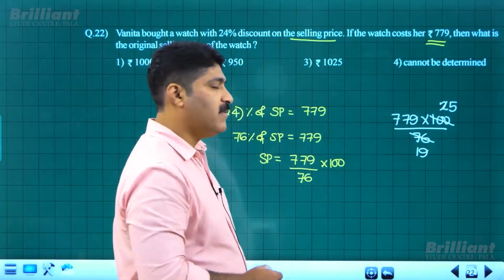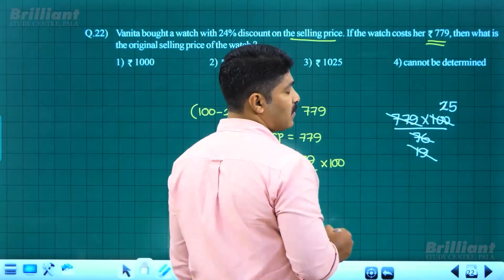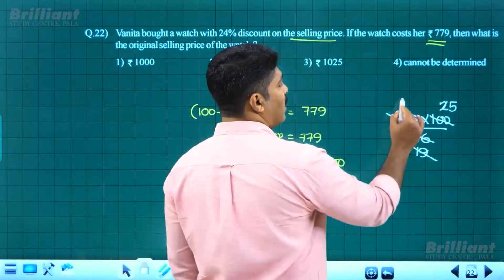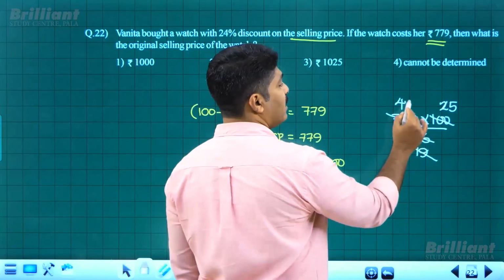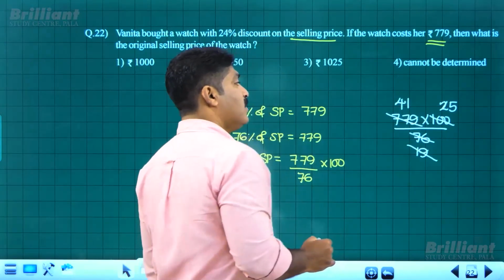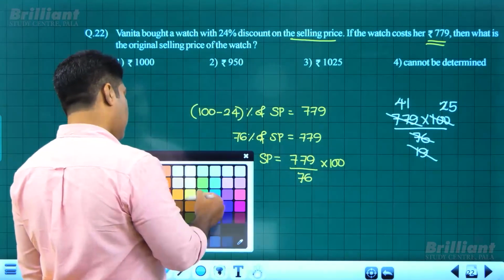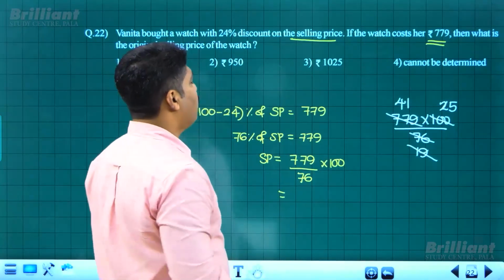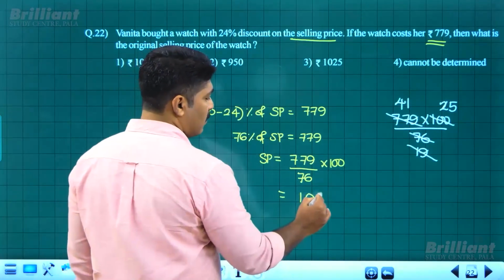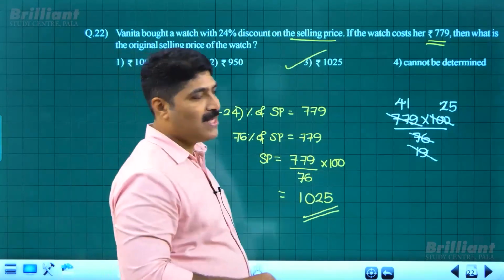This 19 and 76 can be simplified. So 4 times 19, that is 76. Again, 19 is there, 1. Therefore, this is 41 and 25. As we know, 40 into 25 is 1000. Therefore, 41 into 25 is equal to 1025. So therefore, the answer is rupees 1025.